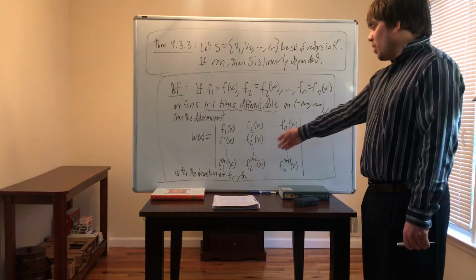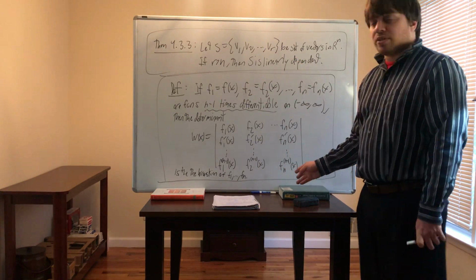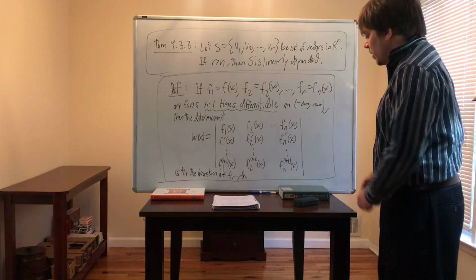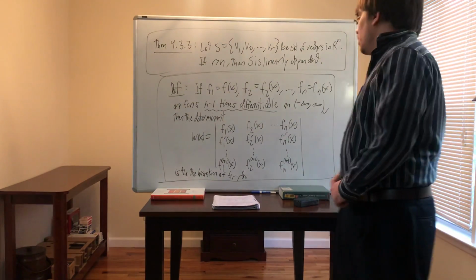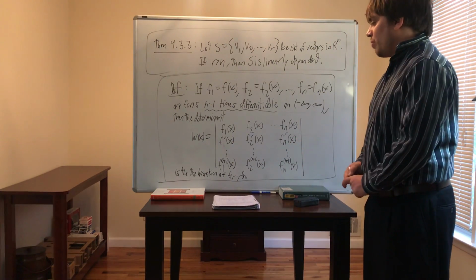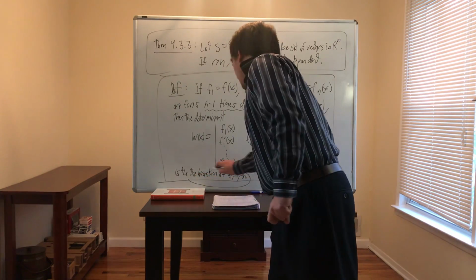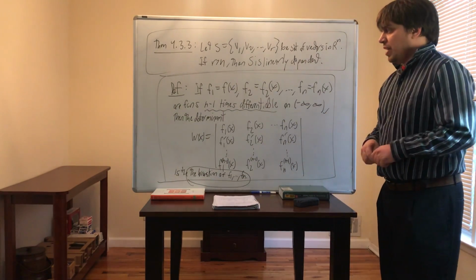Then you keep going: the next column would be f3 and its derivatives, then f4 and its derivatives, and the last would be f sub n and its derivatives up until the n minus first derivative of f sub n. The determinant of this entire thing is called the Wronskian of f1 to fn. That's the name of it, and so that's the definition.